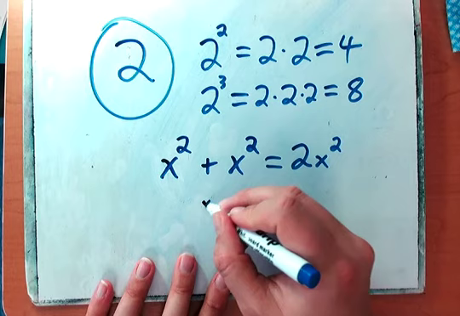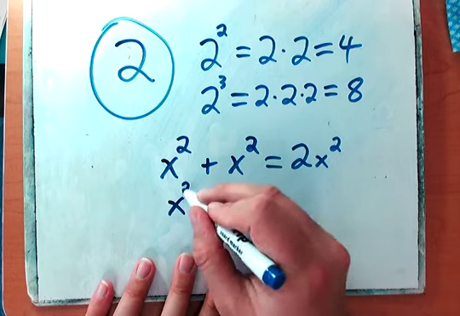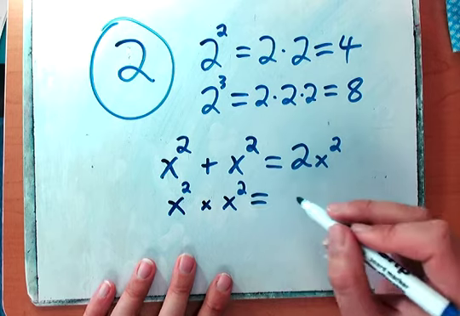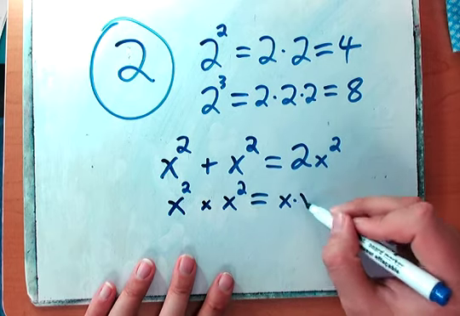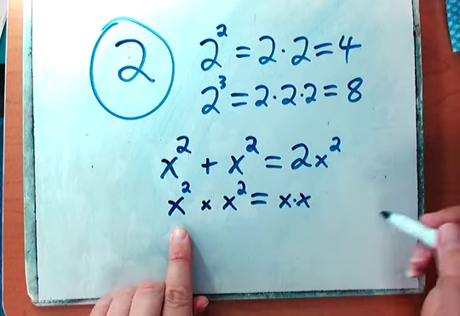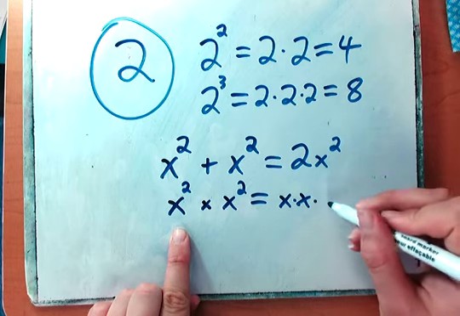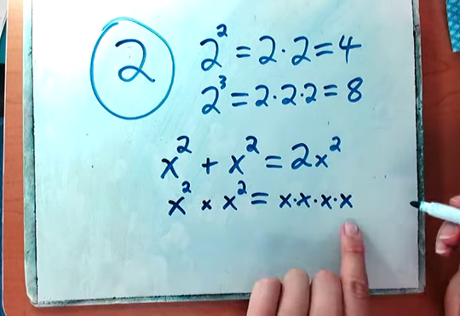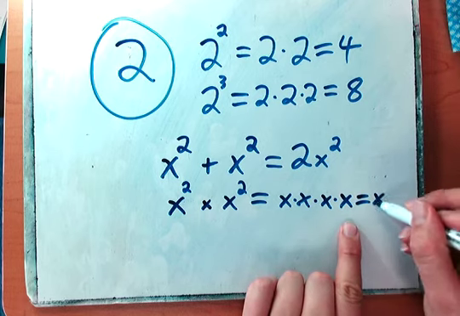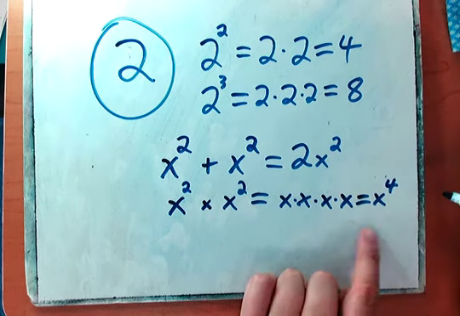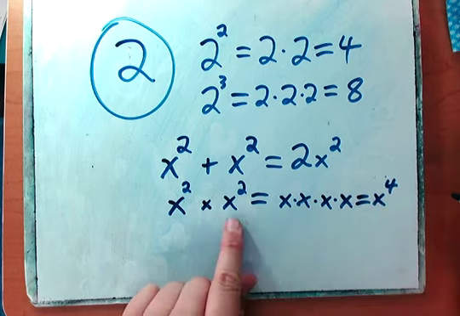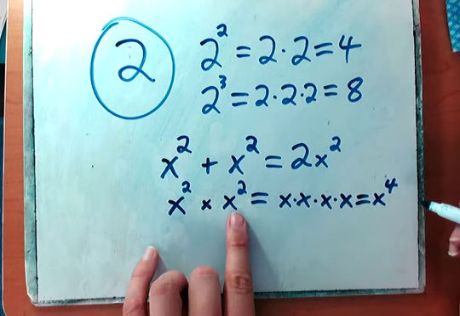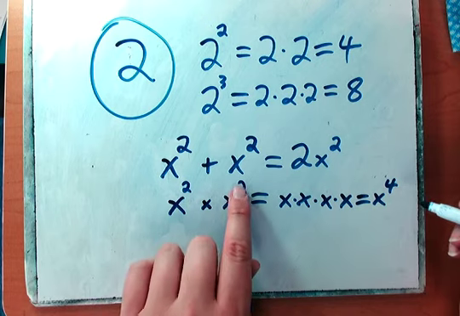But when you multiply x squared times x squared, well, that actually equals x times x, that's x squared, then times x times x. Well, that just looks a lot like x to the fourth. x to the fourth is the same thing as x squared times x squared, so you add the exponents.